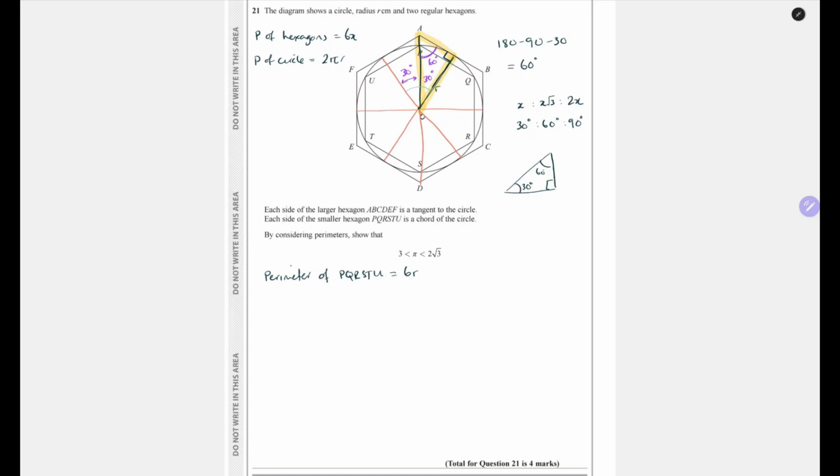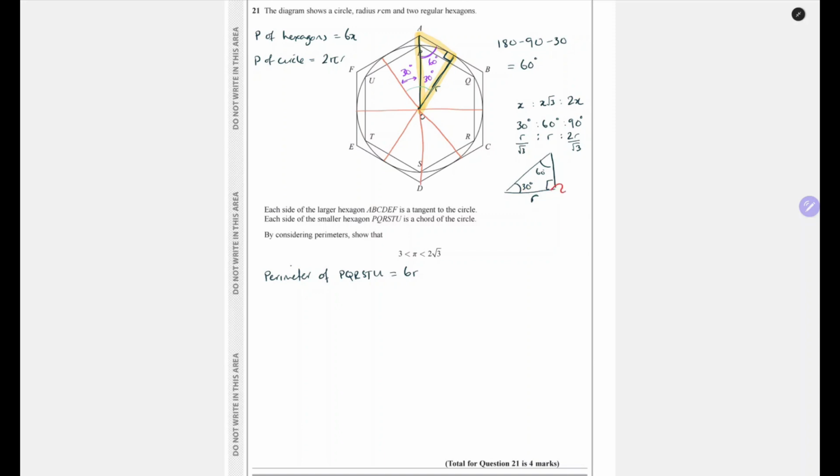And so if we know that this length here, the one opposite 60 degrees, is r, that means this is going to be r over root 3. And this is going to be 2r over root 3.